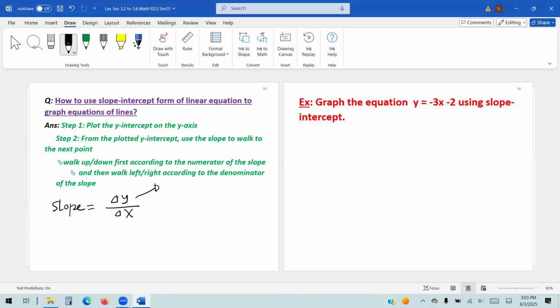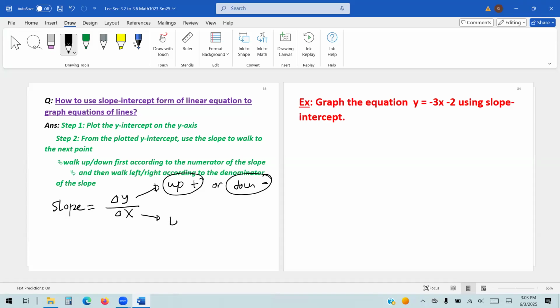That means for the slope, whatever number we have on the numerator, we go up if the number is positive, or we go down if the number is negative. And the denominator is x, the change in x.